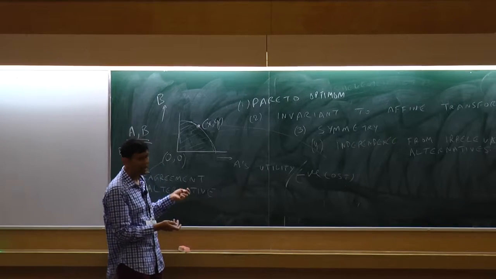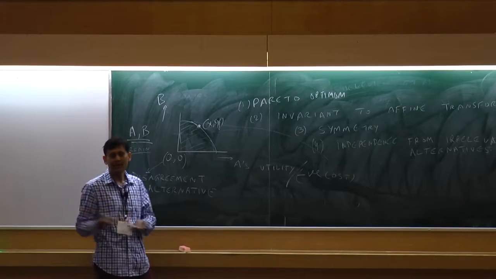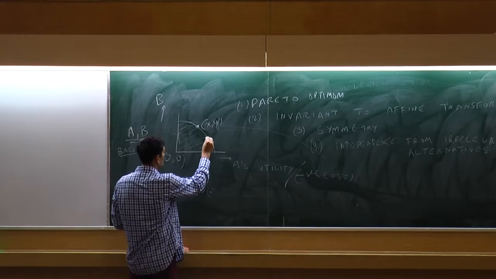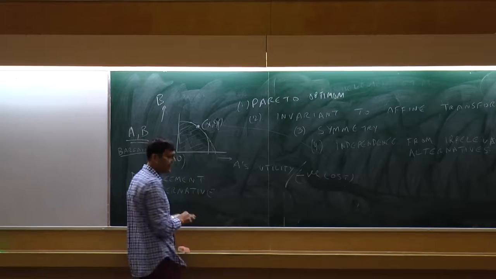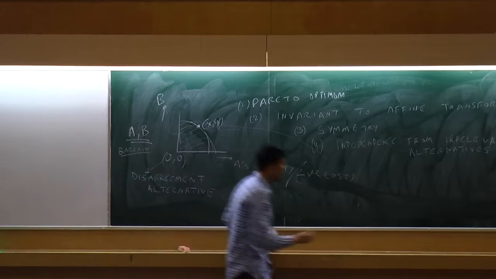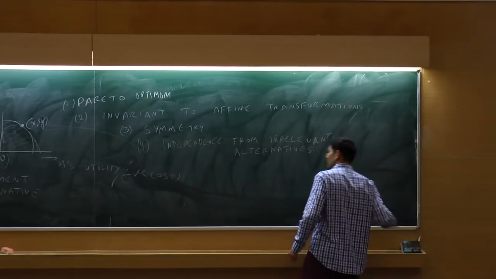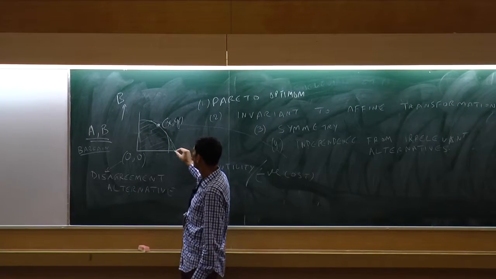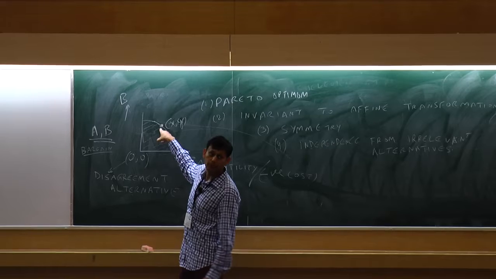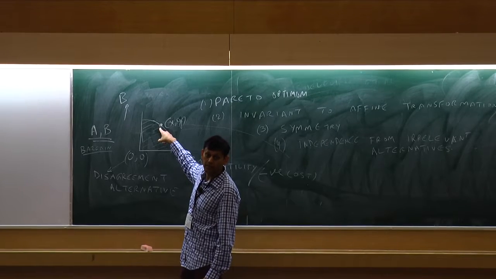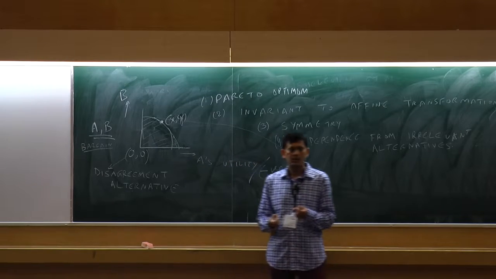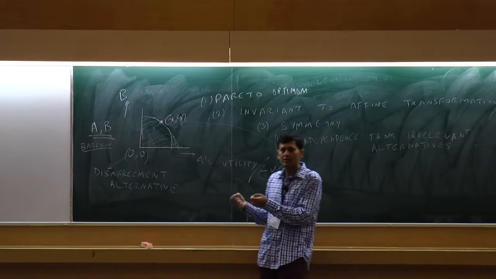And maybe I take away some of the icing on the cake, and some regions of utility are not available anymore. So let's say my utility region now looks like this, as opposed to that. So I chopped away some of the feasible region from my achievable region, but I didn't chop away the optimum, the outcome of the bargaining. Then the outcome of the bargaining shouldn't change.